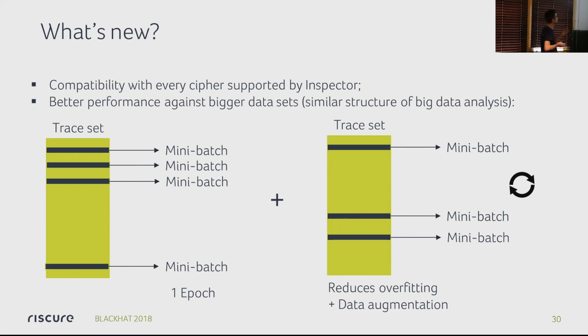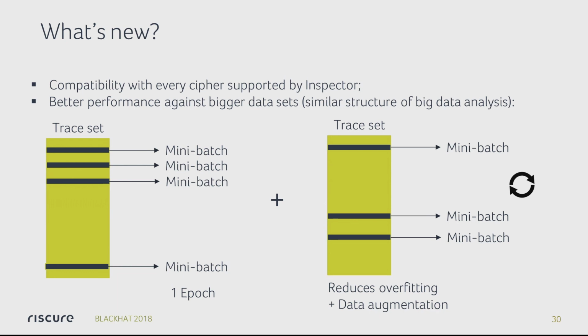And the final part is that we are finding better performance when attacking bigger data sets. We are using a structure similar to what is used in big data analysis. Before, what we have is something like this: you have a trace set, and you need to process all the mini batches in this trace set until you reach one epoch. This can still be done, but there will be another option if you have a trace set that is way bigger, where you don't need to process everything to finalize one epoch.